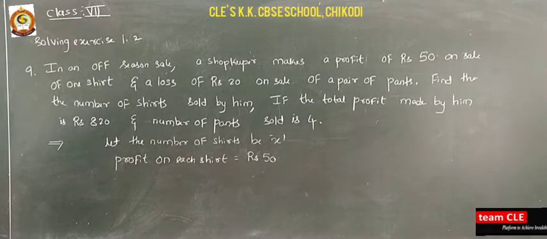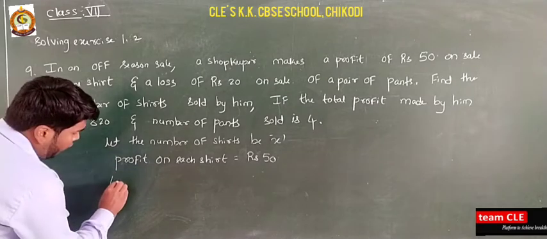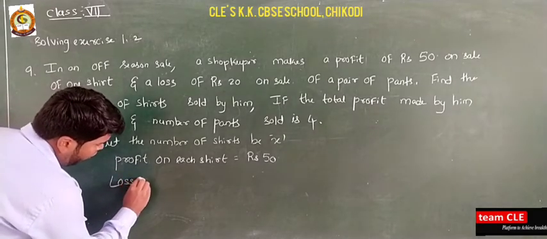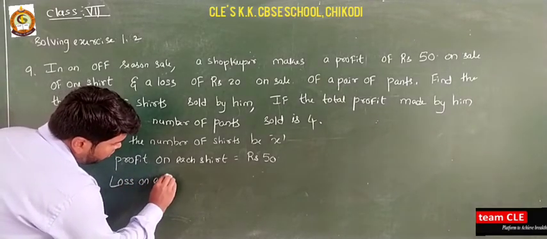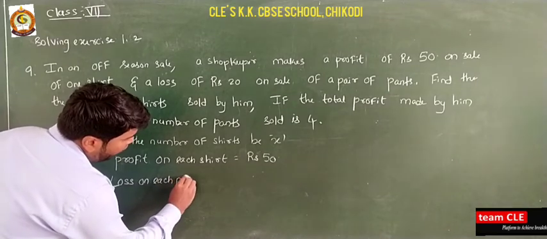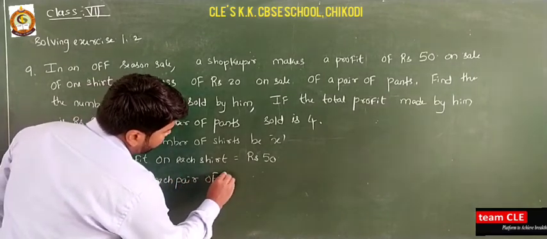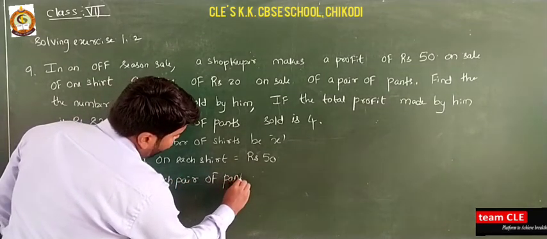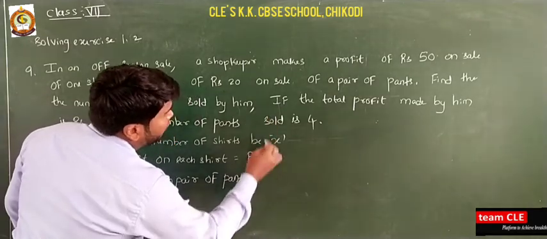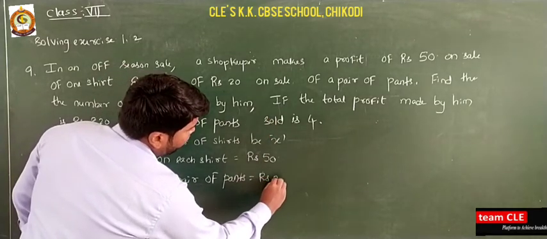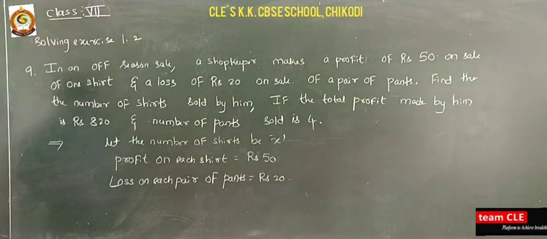One more thing, loss on each pair of pants. Loss on each pair of pants equals rupees 20. And one more thing they are given, the number of pants sold.